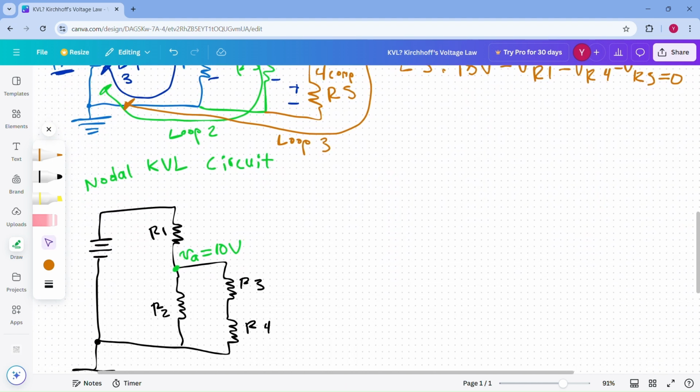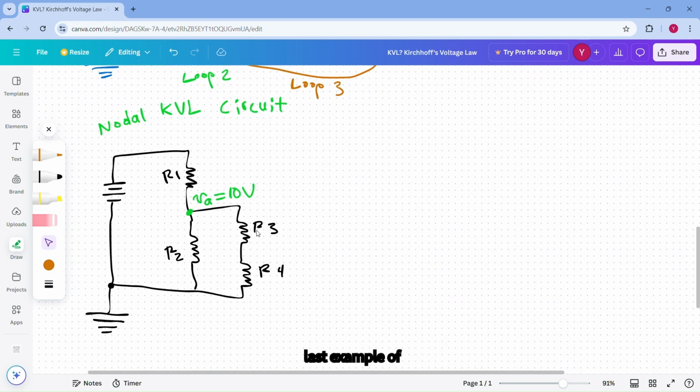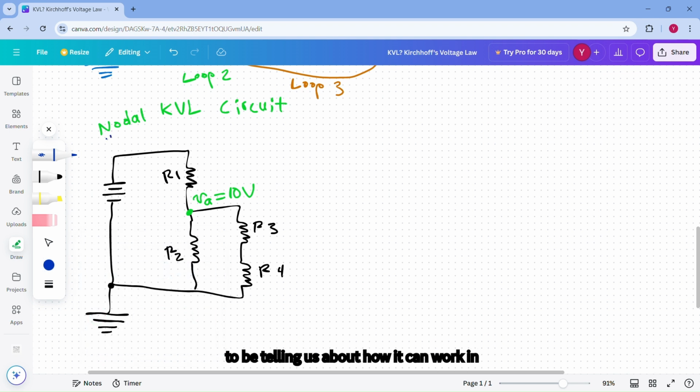Okay, now we're going to be moving down to our last example of where we can use KVL, how we can think about it, and how it can be useful to us. I didn't make any color coding on this last circuit, but this one's going to be telling us about how it can work in terms of nodal voltages.